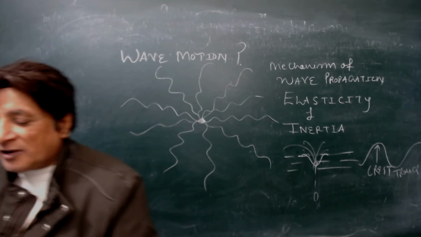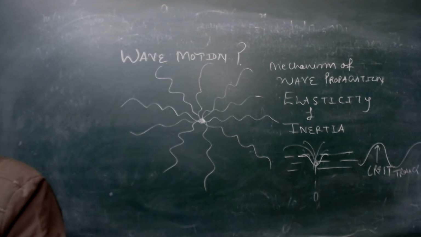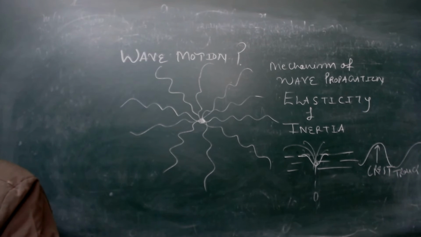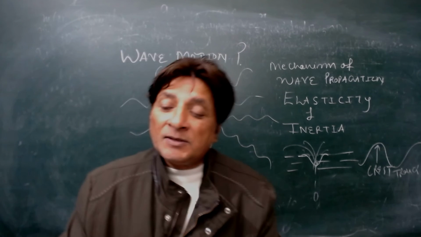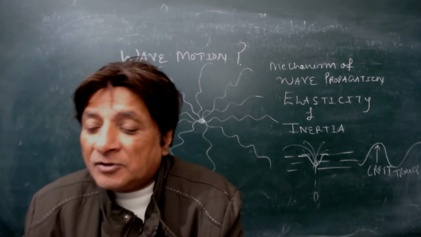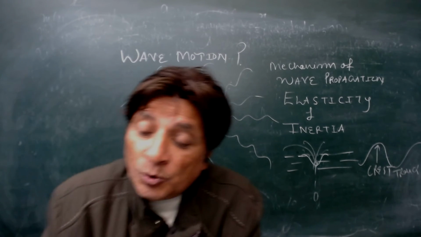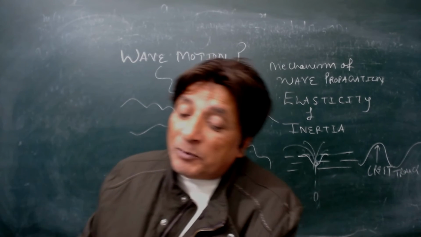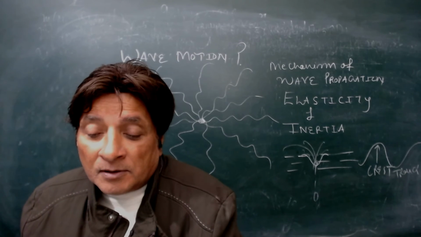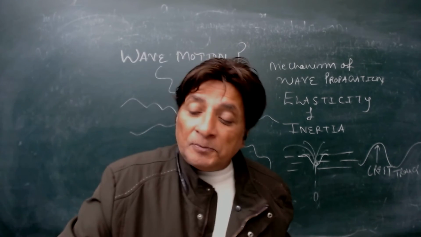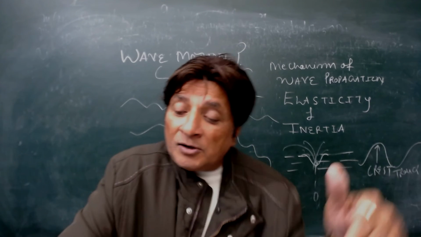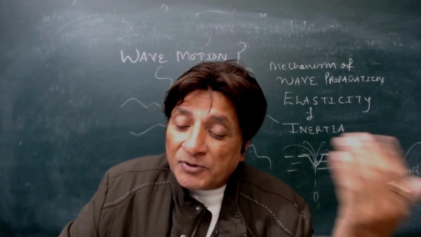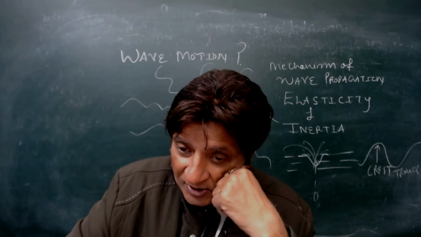These particles transfer their motion to the surrounding molecules and come back to the original position. The neighboring particles in turn transfer their motion to their next molecules, and the process goes on. So the propagation takes place.